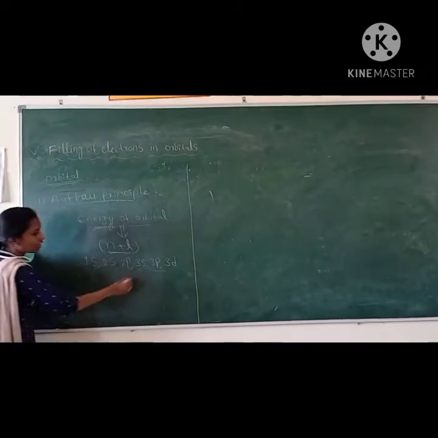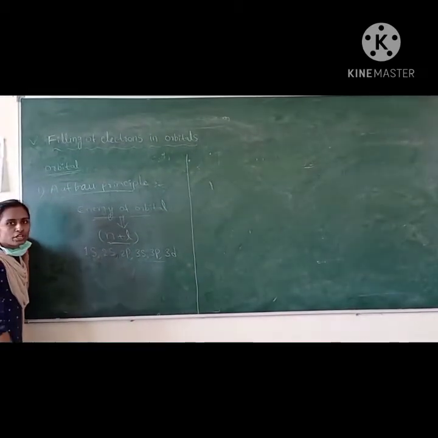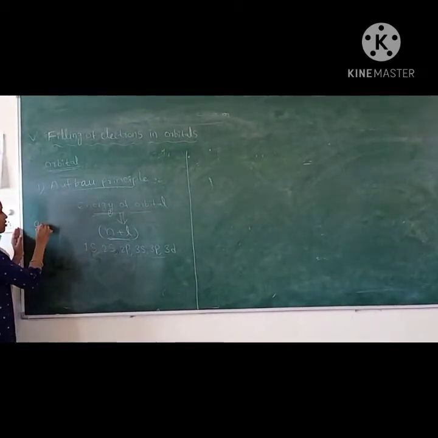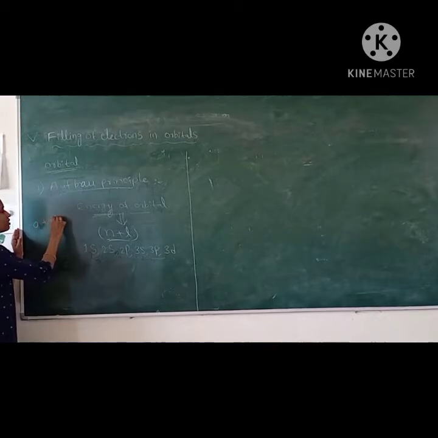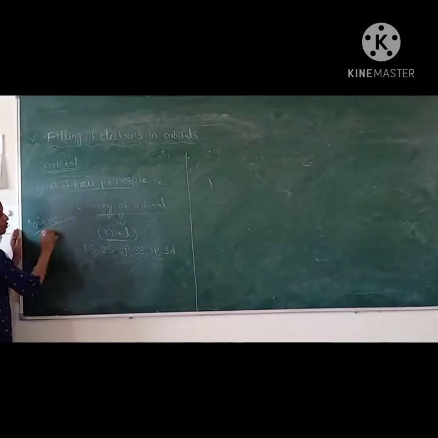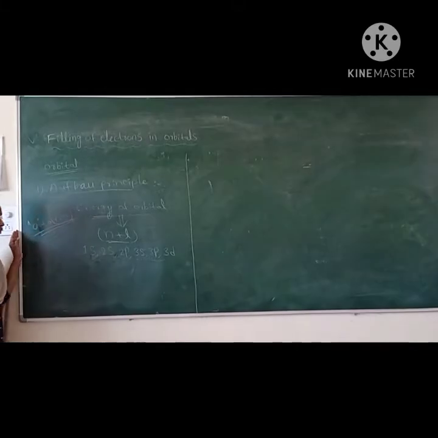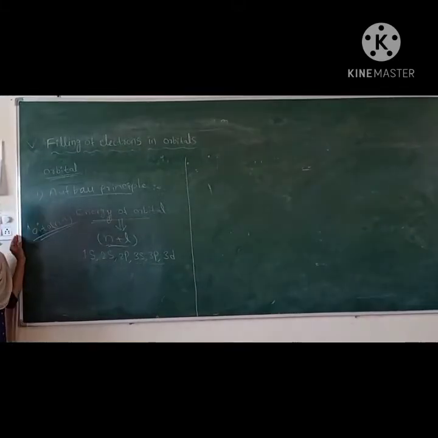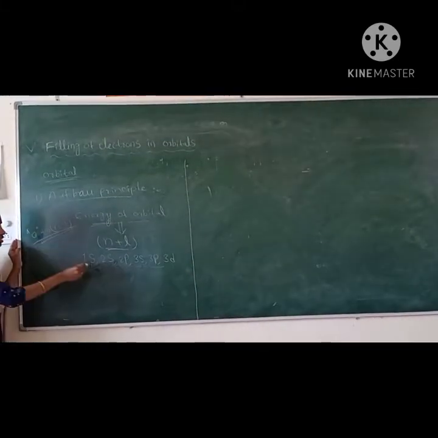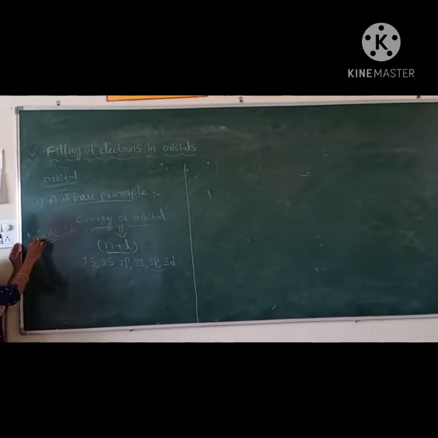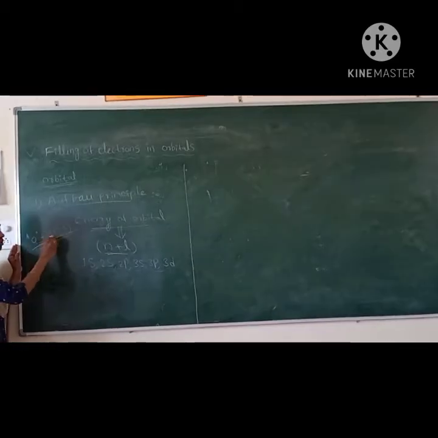So we can determine the number of subshells by using L values 0 to n minus 1, as you saw in the last video.